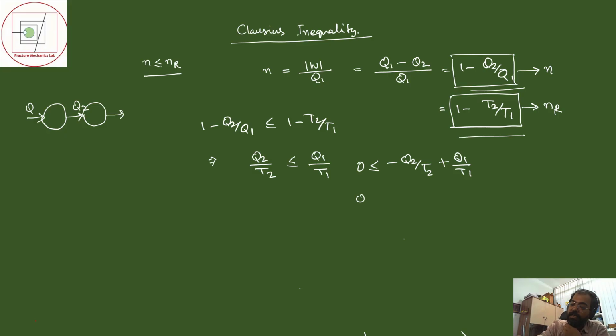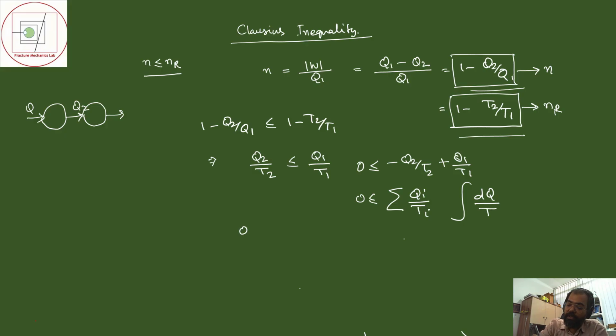So then it will become positive: Q2 by T2 plus Q1 by T1, and if you have more engines in series, you can write this as the summation of all Qi by Ti, i going from 1 to n, which you can write as the integration of dq by T.